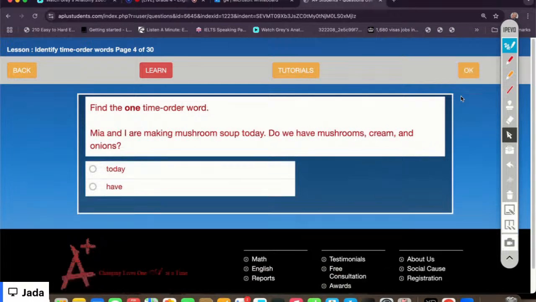So before and afterward are the two time order words. So it's like present and then after.